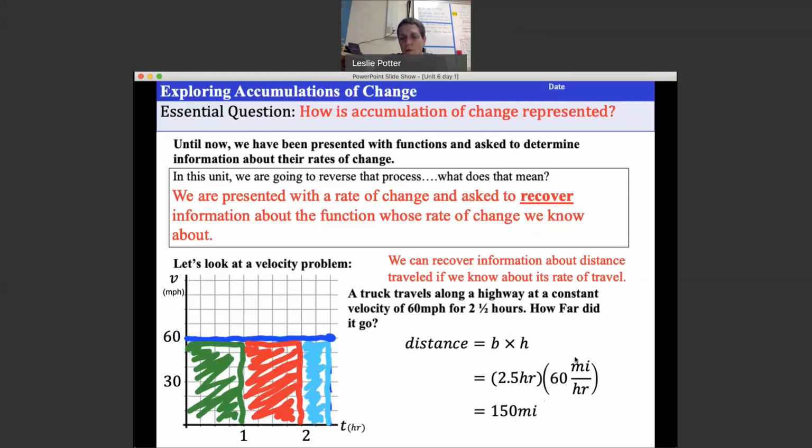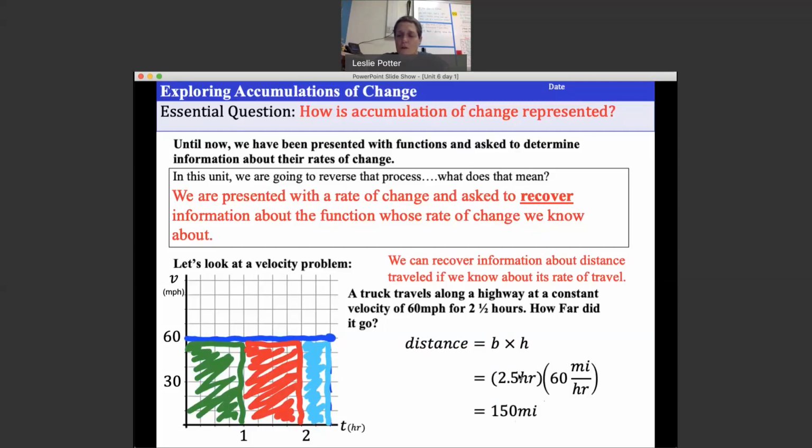And then to work with the units here, we think about this: we're multiplying two numbers, and our units, our hours, are going to cancel, right? In other words, if you think about what we're trying to accomplish here, we're presented with a rate of change and asked to recover information about the function whose rate of change we know. So this is my rate of change, and this calculation is recovering the information that we need about our change in position. Or in this case, I asked it as how far did I travel?